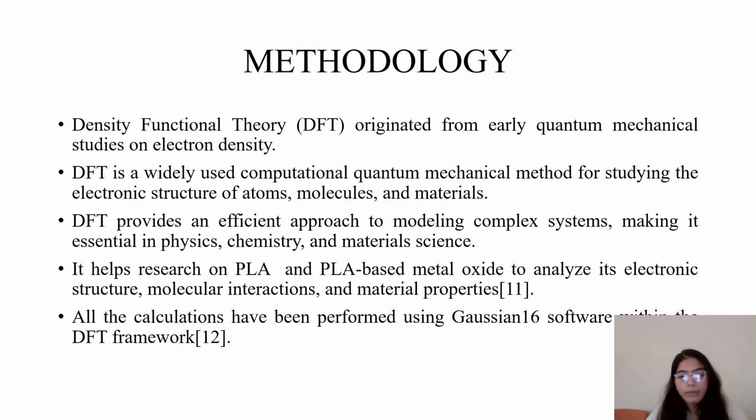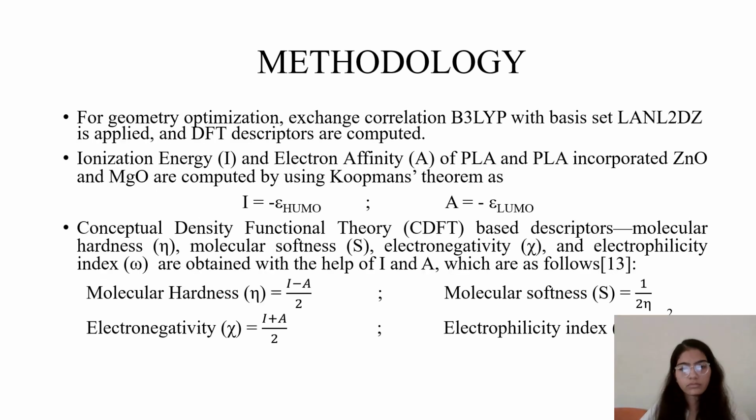After geometry optimization, we evaluated conceptual density functional descriptors, HOMO-LUMO energy, density of states, IR and Raman spectra, thermochemical parameters such as thermal entropy and Gibbs free energy, and optical properties like refractive index and dielectric constant. For geometry optimization, these formulas are used.